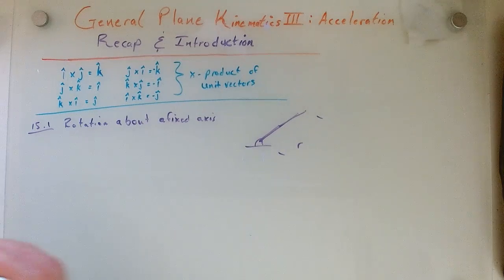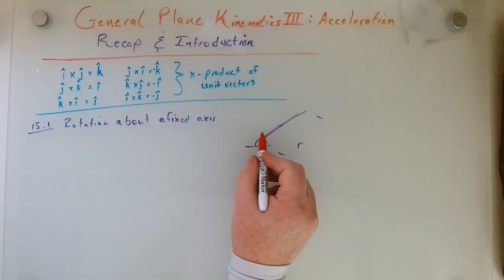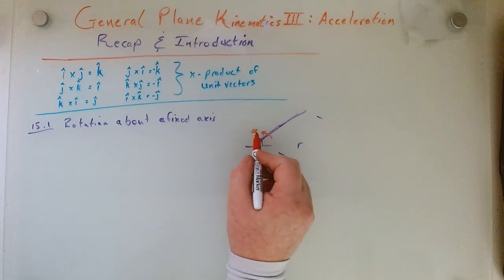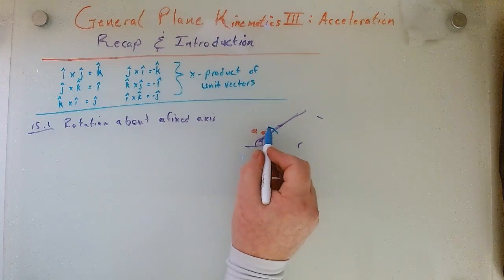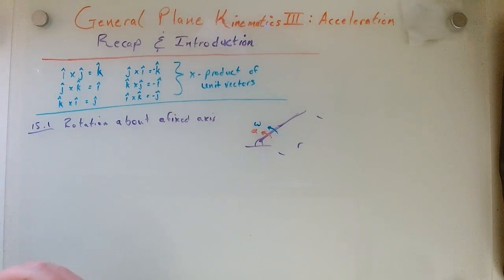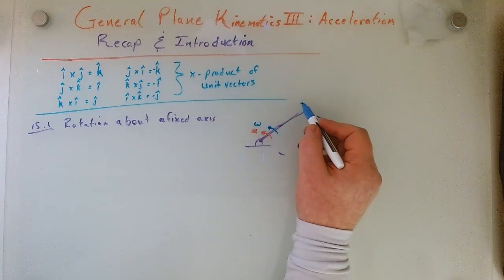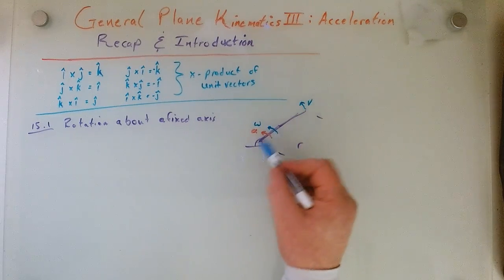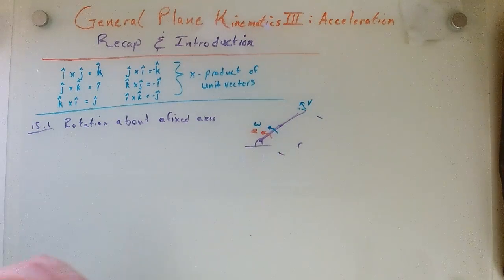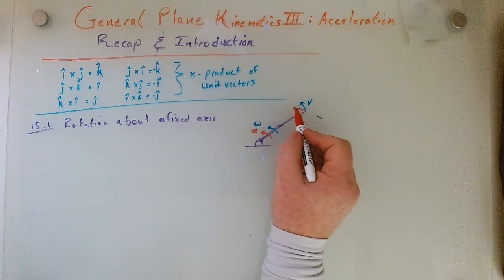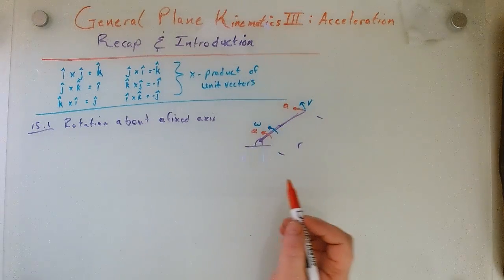And maybe we've got colors. We like to use red for acceleration. So maybe it's got an angular acceleration alpha and a rotation omega. And some v, like this, that would be orthogonal to r, and some a, like this.